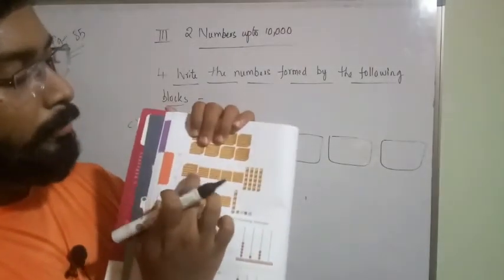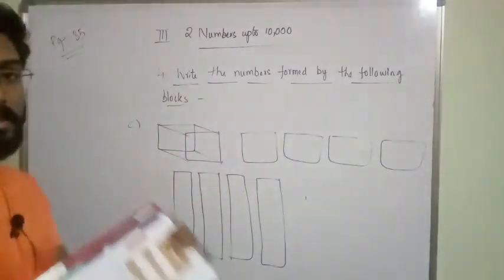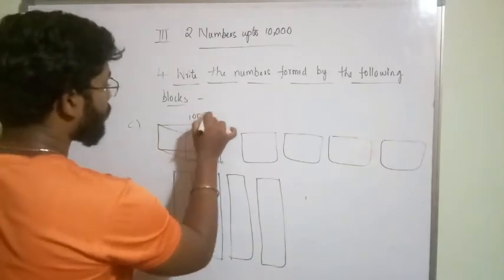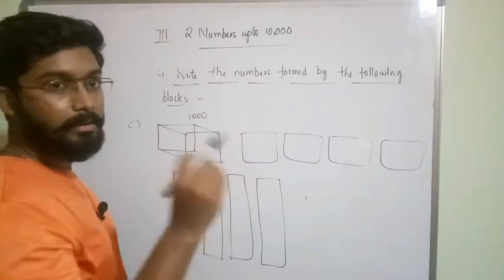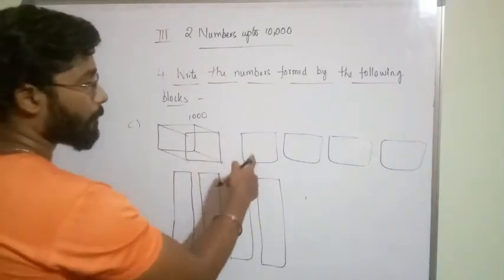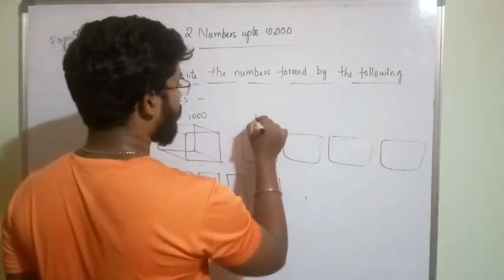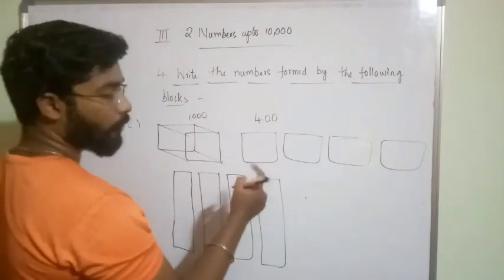There is a cube, there are 4 squares and 4 tall boxes like this. I am just drawing the outline. So what is this value? 1000. Each square box here is 100. So 100, 100, 100, 100, 400.